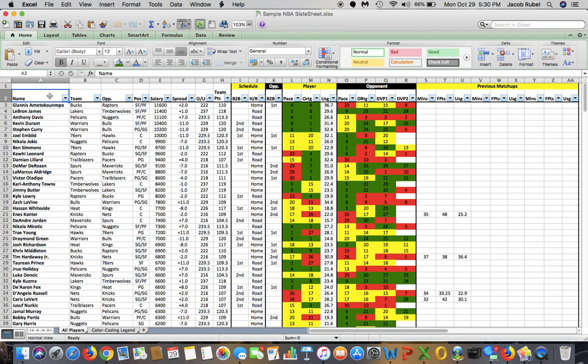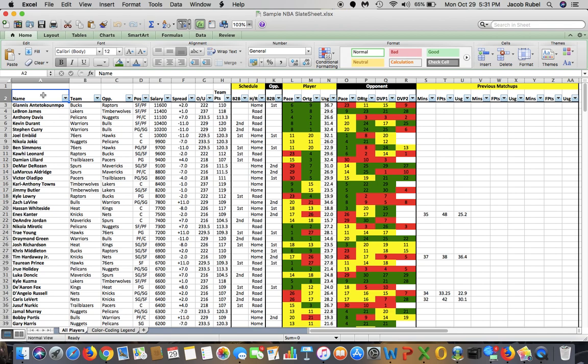On the FanDuel version, you will have the FanDuel positions and salaries, as well as fantasy points. And this column will be by DraftKings or FanDuel points based on the slate sheet.